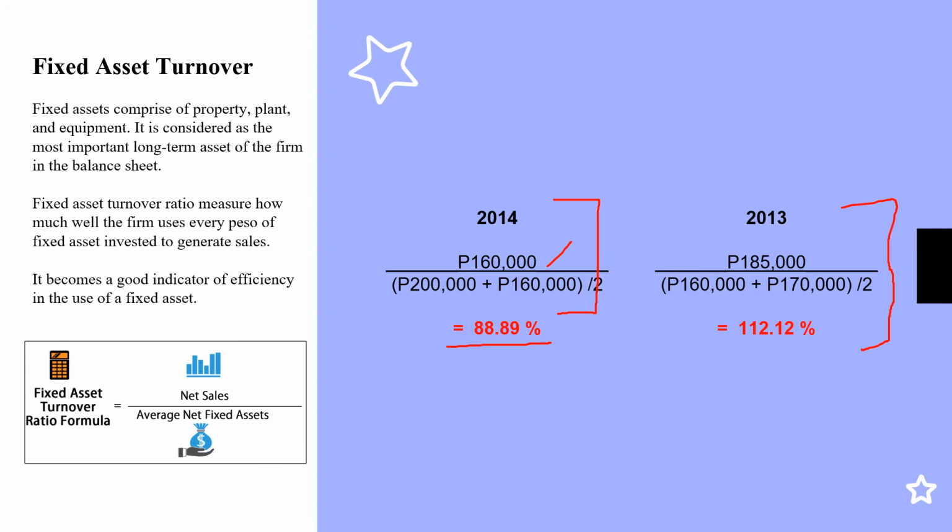So dito, the more na mas mataas, ibig sabihin, the more na mas naging efficient si firm sa paggamit ng kanyang fixed asset. Unlike the 2014 na medyo mababa, 88.89%. No, medyo mababa, pero yung 88.89% is actually good. But if you're going to consider it to the previous year, which is 112.12%, so makikita talaga natin na medyo bumaba siya. So ibig sabihin, medyo naging inefficient si business noong panahon ng 2014.